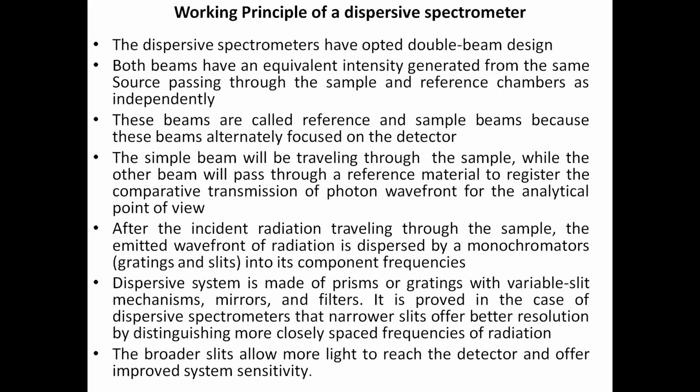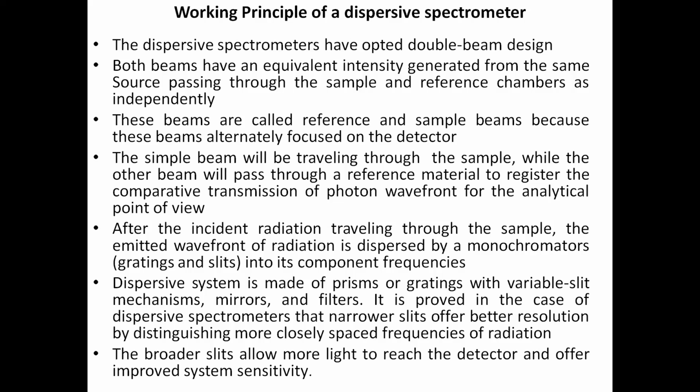The dispersive spectrophotometers have opted for a double beam design. Both beams have an equivalent intensity, generated from the same source, passing through the sample and reference chambers independently. I will come to these points and discuss and prove them to you. These beams are called the reference and sample beam because they are alternately focused on the detector.